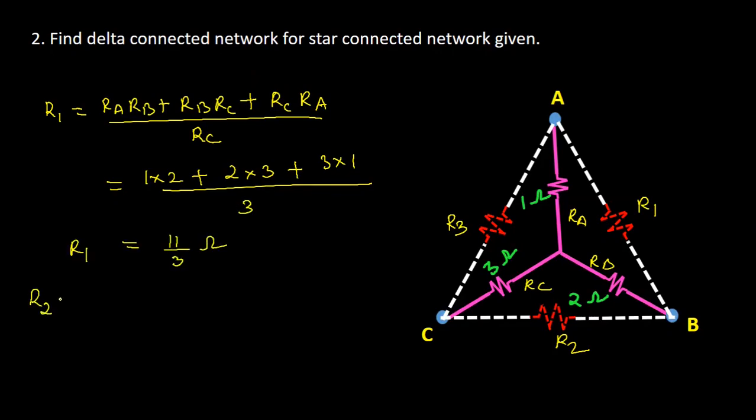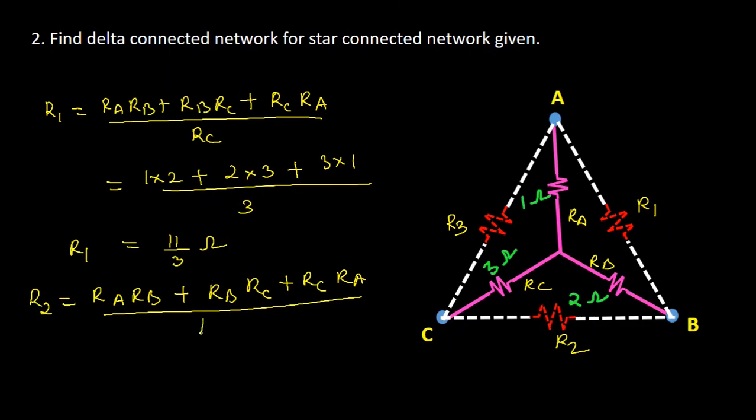Now R2 is equal to RA RB plus RB RC plus RC into RA, whole divided by the front resistance to R2, which is RA, equal to 1 ohm. So here the numerator will be the same, so we get 11 divided by RA, equal to 1 ohm.